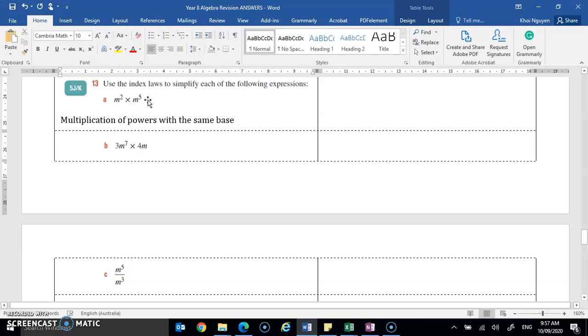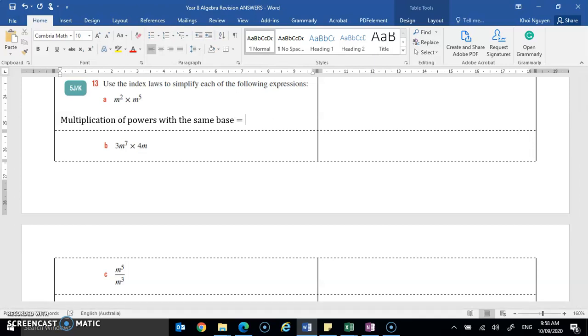Sometimes the base can also be a number. So just remember the base is the one at the bottom, and the powers are the ones raised a bit higher.